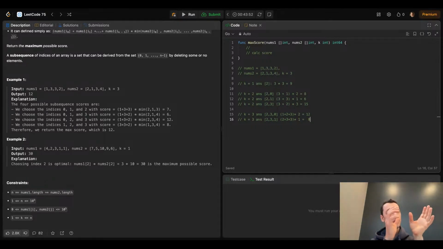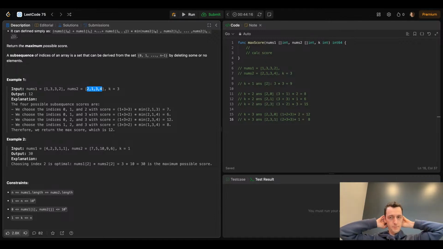If the previous two gave us the biggest answer, that means that the multiplier they produced from nums2 was better than all others, because we definitely don't want to stay away from small multipliers.